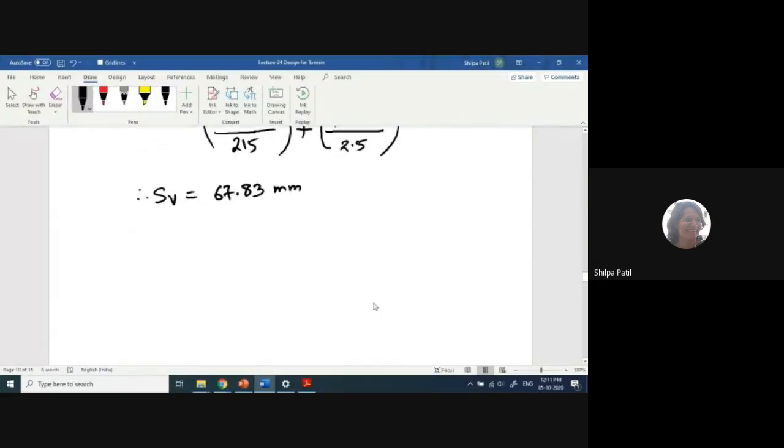Now we have to check this value against the minimum values required. So what is the criteria? SV should be less than 0.75D, should be less than 300. Out of the 4 criteria, whichever is the smallest, it should be less than that smallest value.